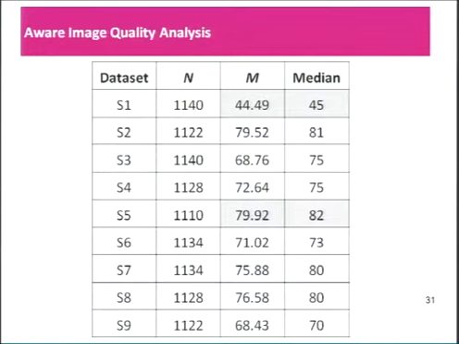And again, looking at this table of the average image quality scores, you can see dataset S1 had the lowest image quality score, and dataset S5 actually had the highest image quality score. If you relate this back to the minutia count table, S1 had the highest minutia count, and S5 had the lowest minutia count. So there's obviously some kind of relation between minutia count and image quality going on.